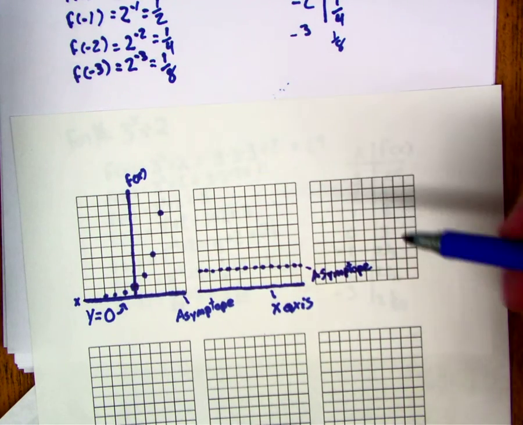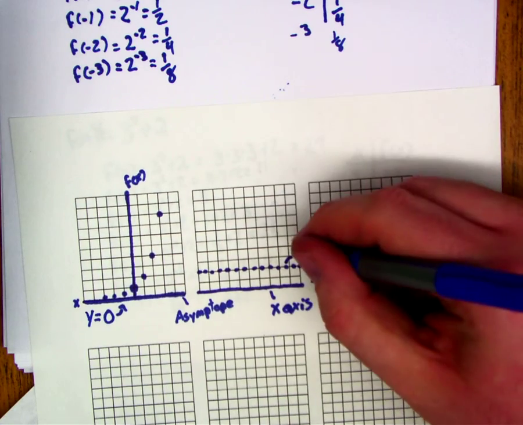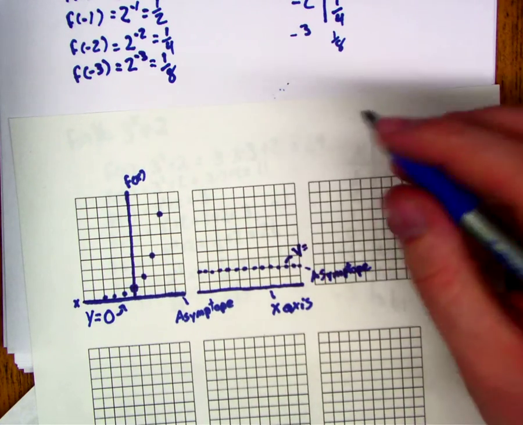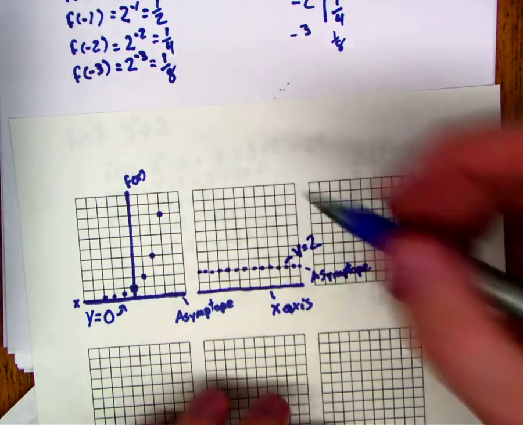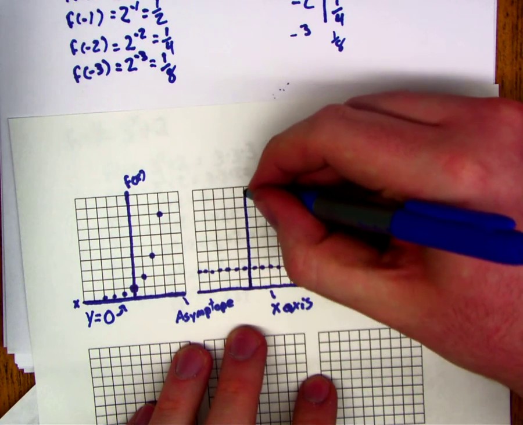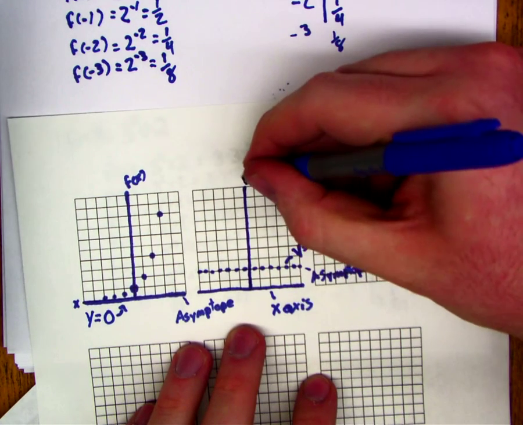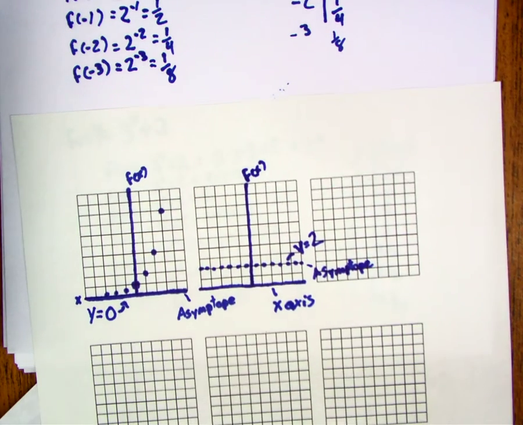Okay, and for this particular one, it's at the value of y equals 2, rather than y equals 0. And then I'll put in my y-axis. Alright, so we'll have f of x labeled there again.